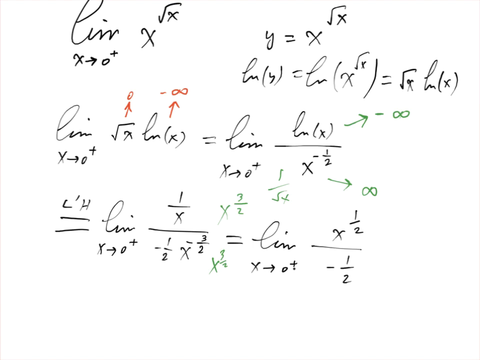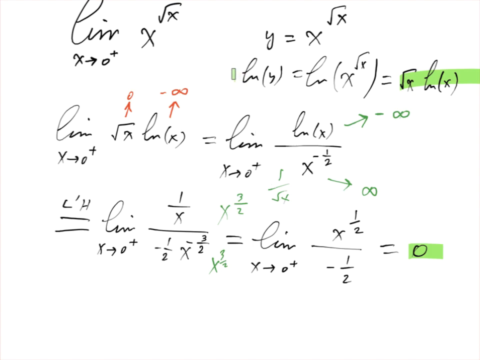Now as x goes to 0, the square root of x goes to 0, so 0 divided by negative 1/2 is 0. But this is the limit of that. This is the limit for the square root of x times ln of x.